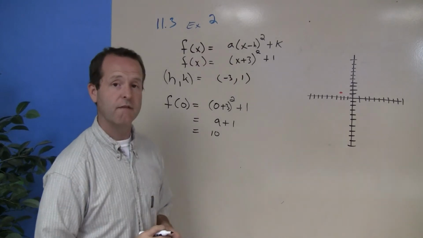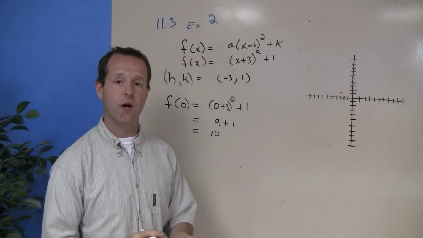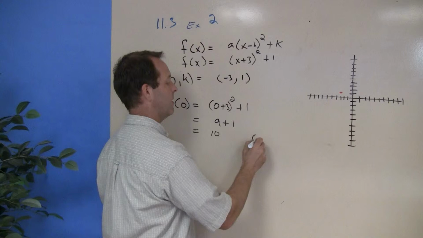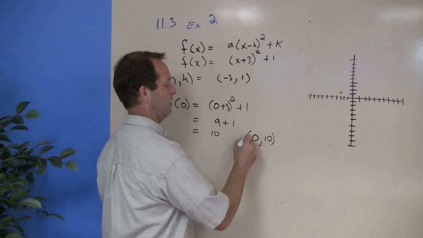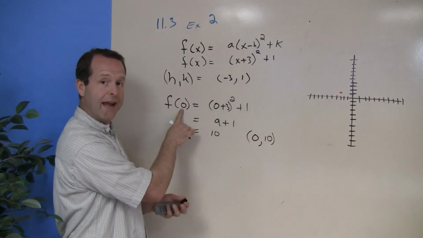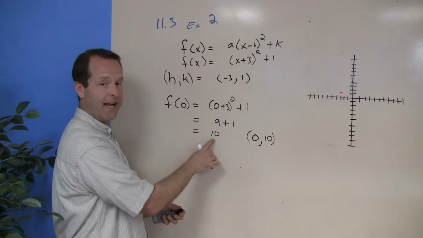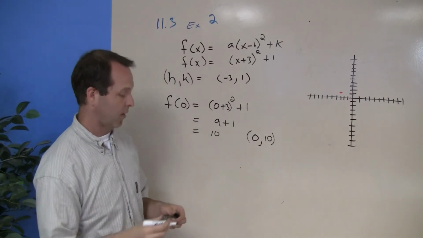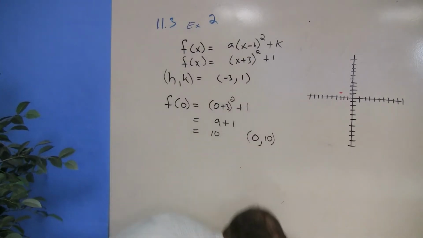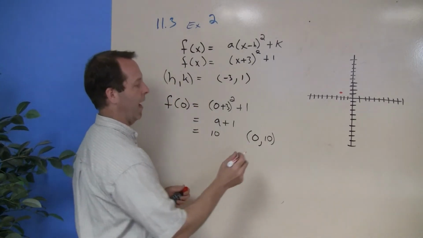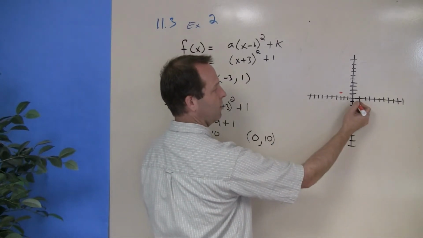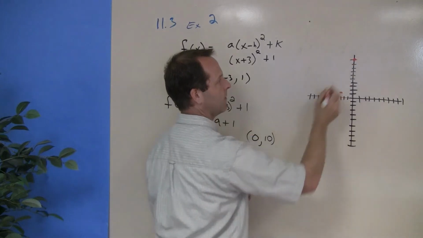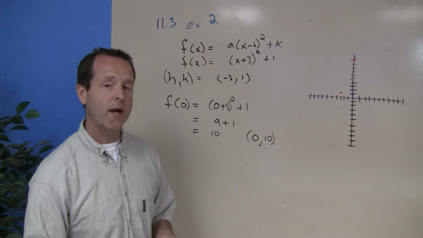So I have the function evaluated at 0, f of 0 equals 10, which gives me the point (0, 10). Remember, the 0 is my x value, and this 10 is my result, or my y value. So I'm going to go over 0 and up 10, and there I have some points on my graph.